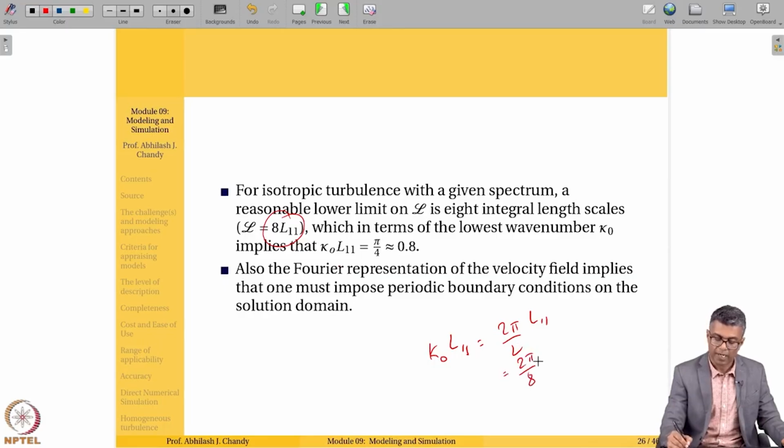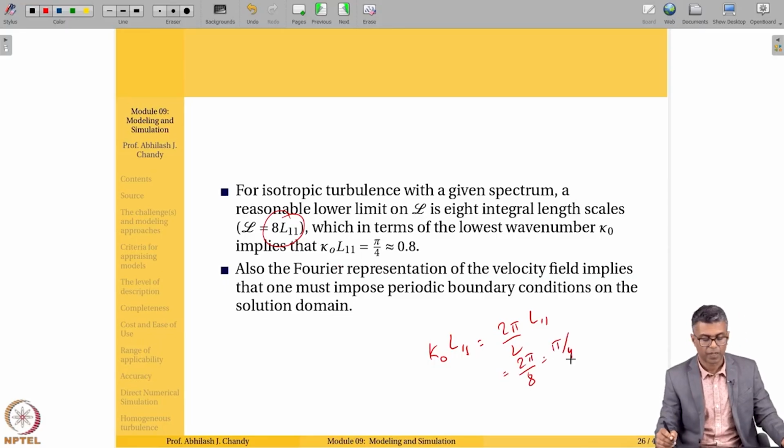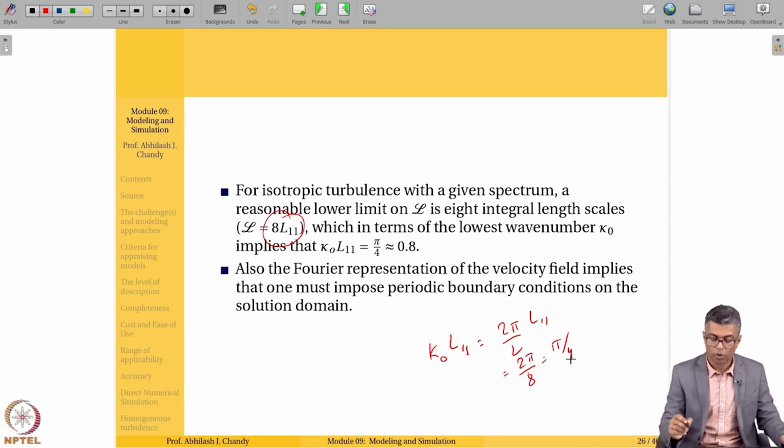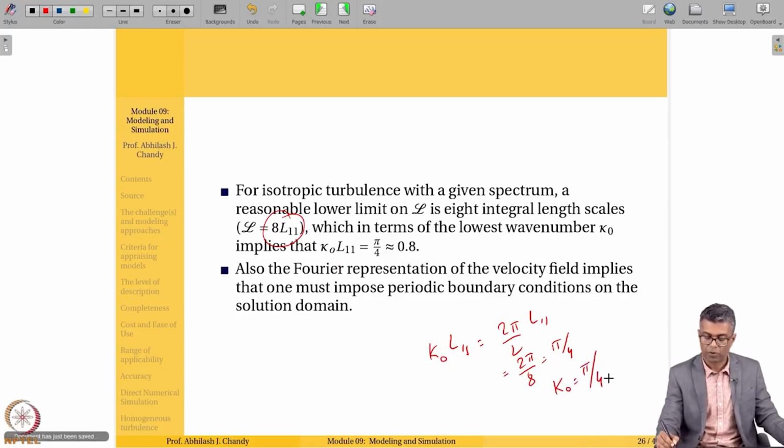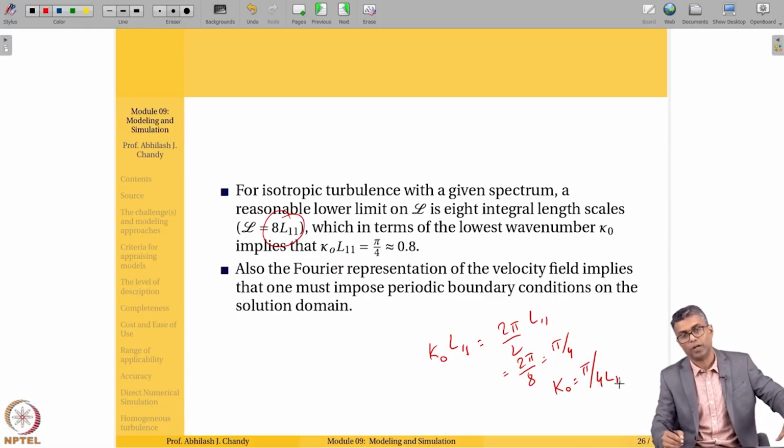So 2 pi over 8 or pi over 4. So this is your criterion for what your lowest wave number should be. So kappa naught would be pi by 4 L11. So if you know your L11, your integral length scale, then you can just calculate the lowest wave number as follows.